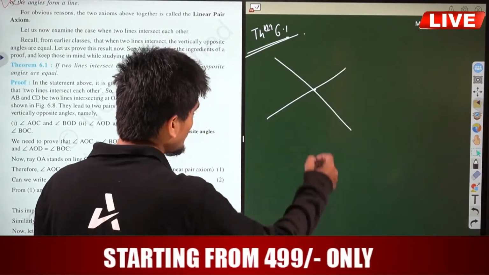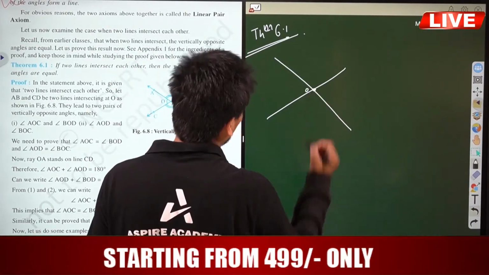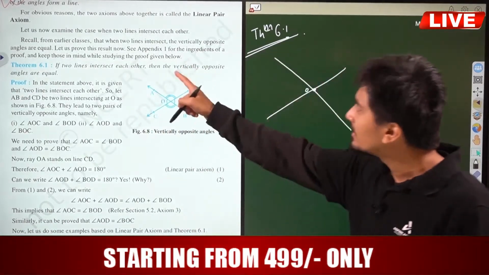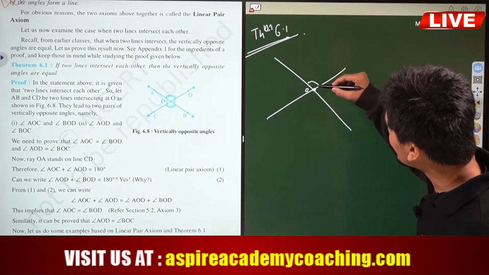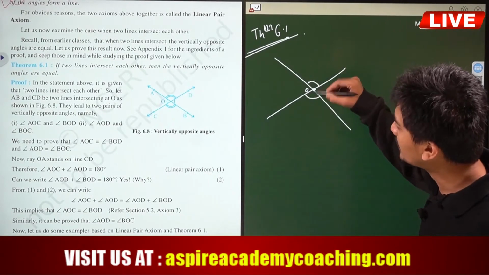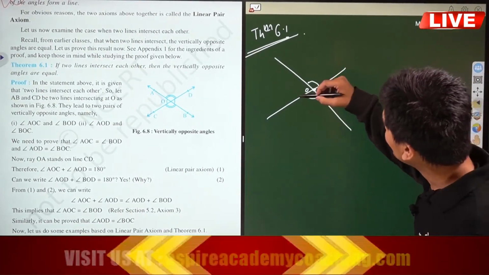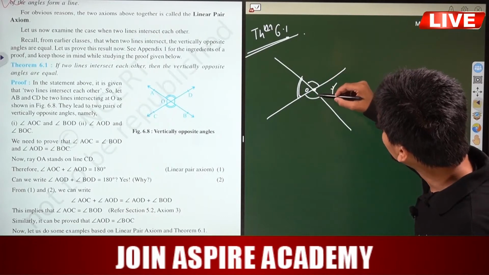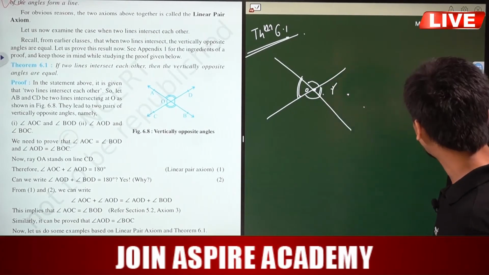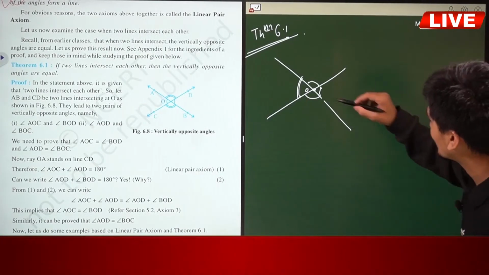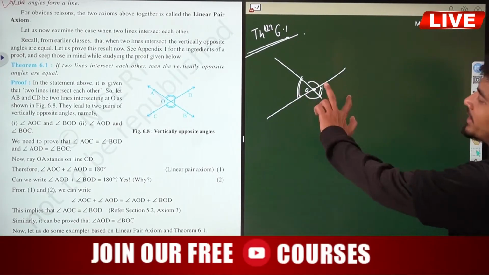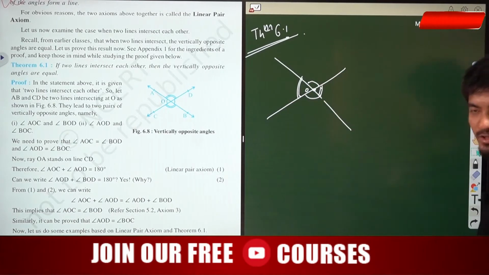If this is an angle, this should be the angle opposite to it. So they are vertically opposite angles, these two and these two.